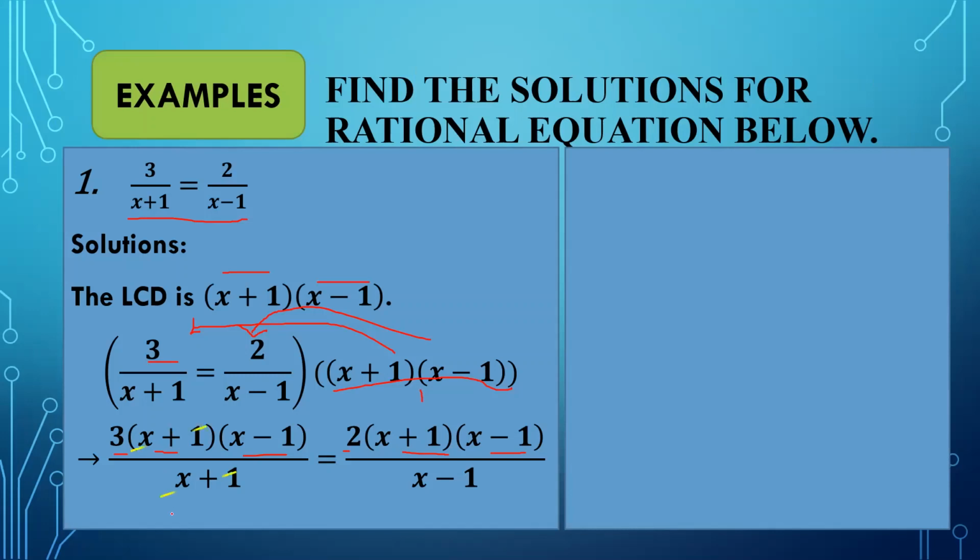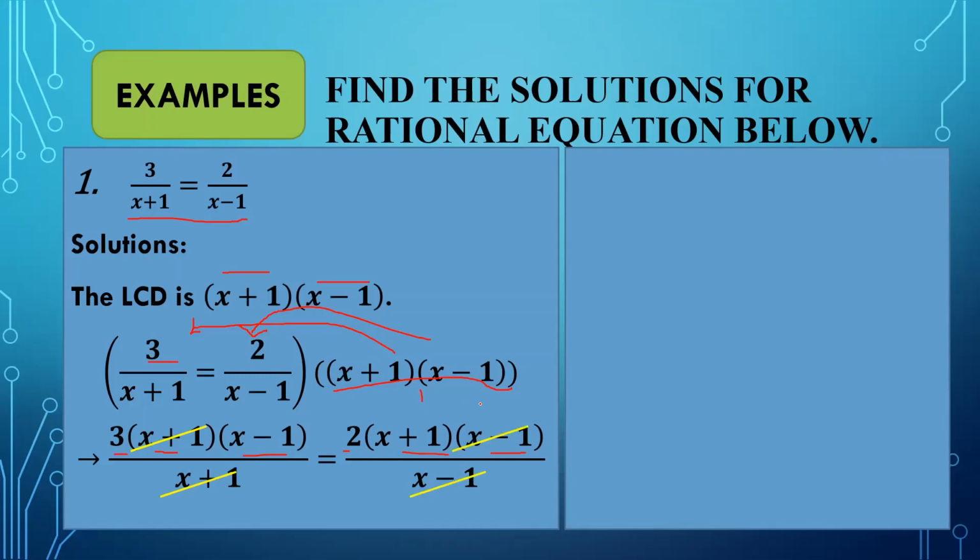So next, since we have x plus 1 in the numerator and we also have x plus 1 in the denominator, and it is separated by multiplication, then we can cancel x plus 1. (x plus 1) all over (x plus 1) is just 1, same as 2 over 2 is 1, or 3 over 3 is 1. Same with this one.